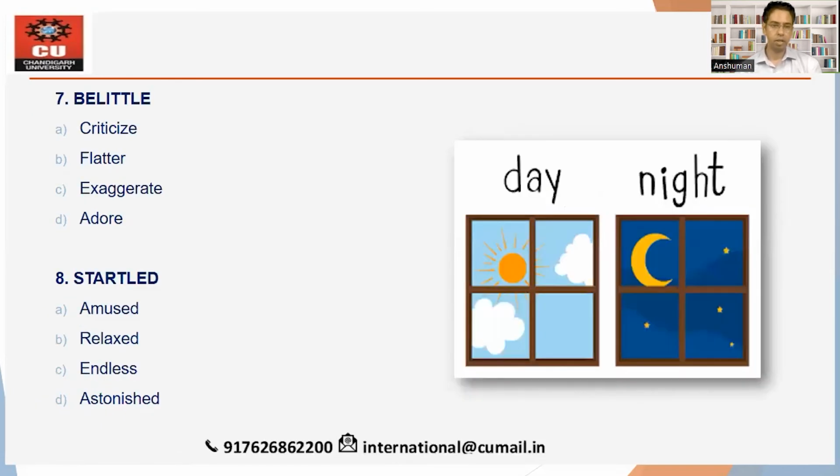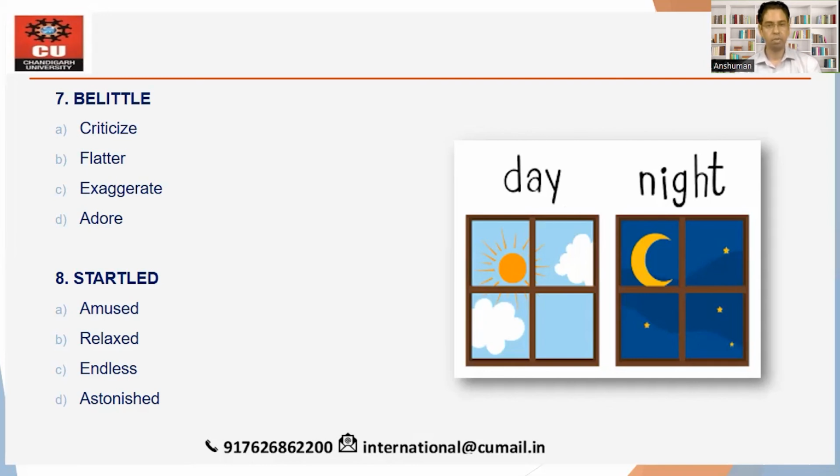Now let's move ahead and see the last 4 questions. Question number 7 talks about belittle. Belittle means not giving much importance to a particular topic or a particular person because of any reason.